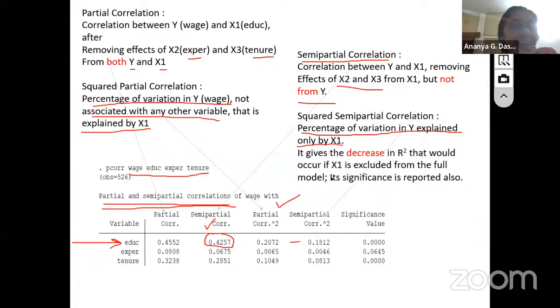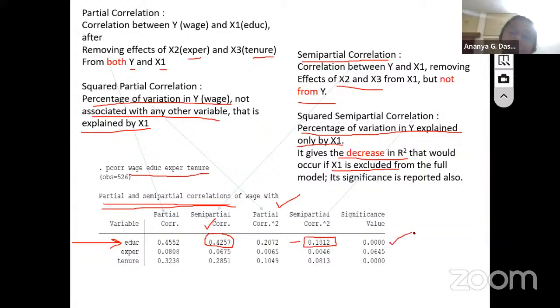And it gives you by how much your R squared will decrease if you exclude x1 from your model, right? So basically, this is telling me that my R squared will decrease by 18 percentage points if I exclude education, and it is significant.